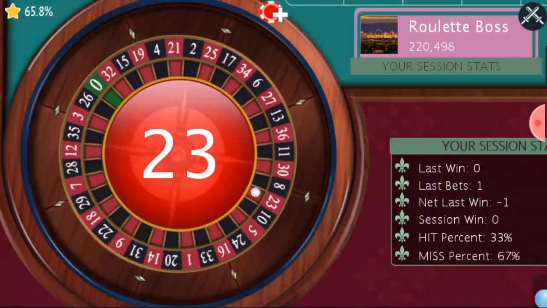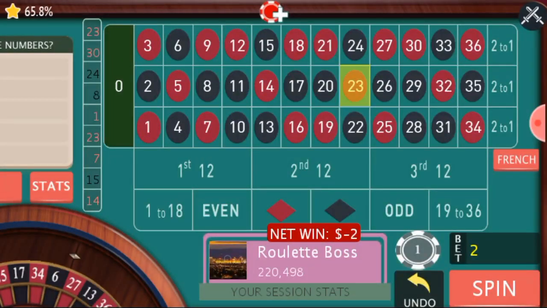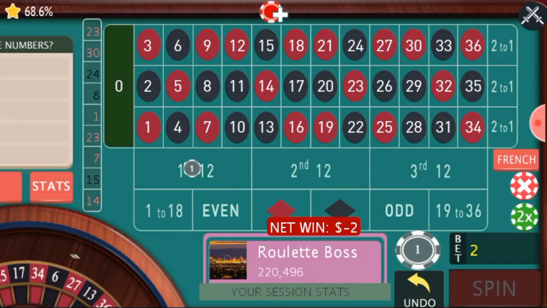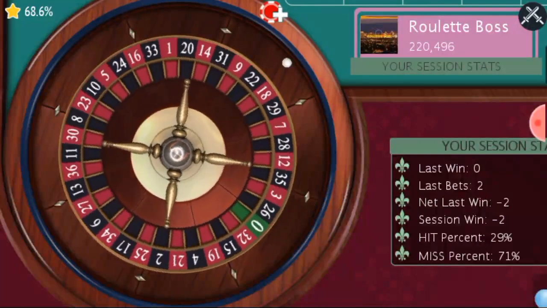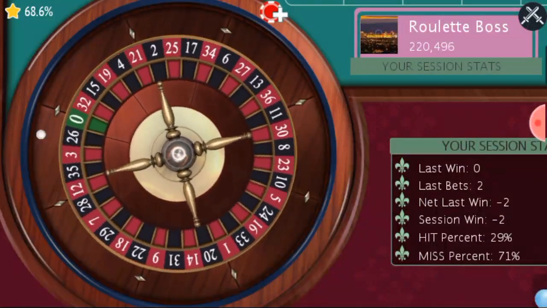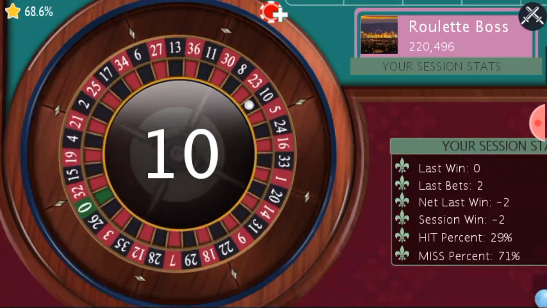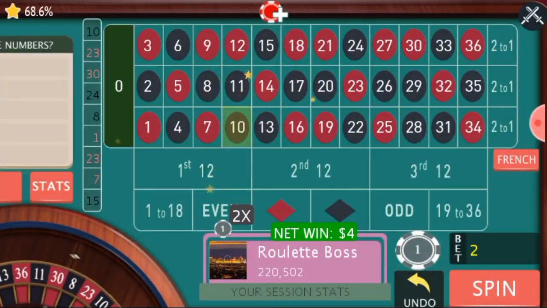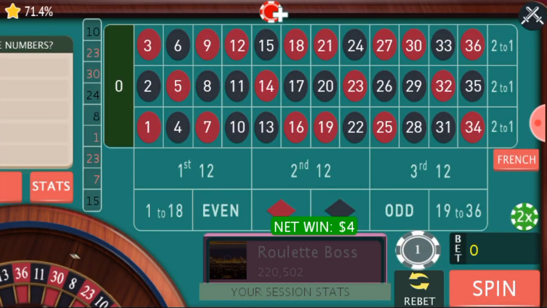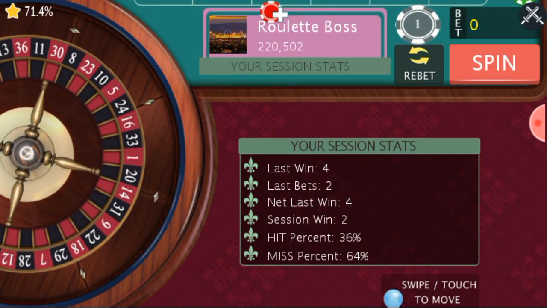I lose on spin number 1. Spin number 2. I have a hit on spin number 2. So I check my profits. I am up to 2 units. I'm playing for anything greater than 3 units in profit.